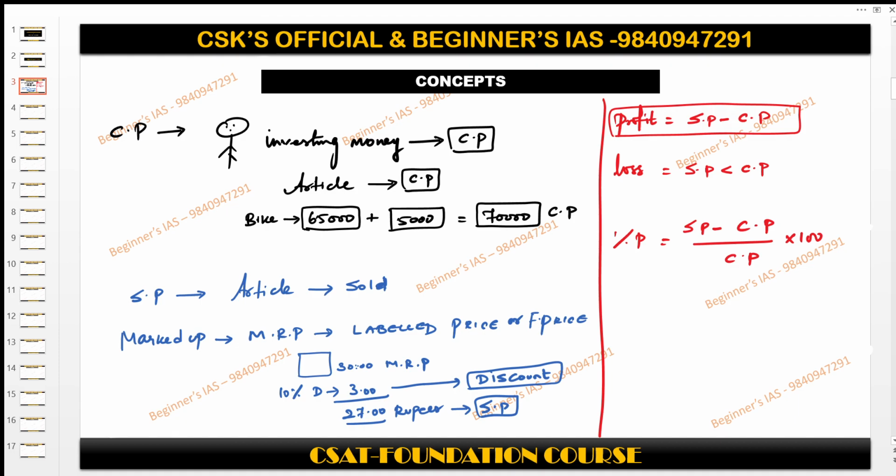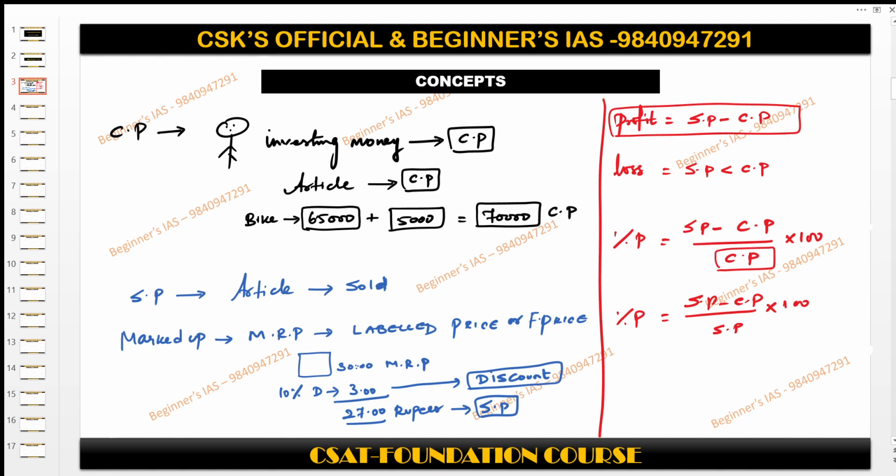So you are calculating the profit on CP. Suppose you are calculating on the selling price, then the reference should be the selling price. If it is not mentioned in the question, then you have to take cost price as the reference.